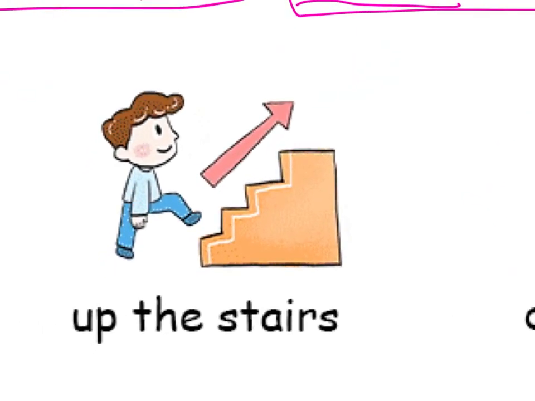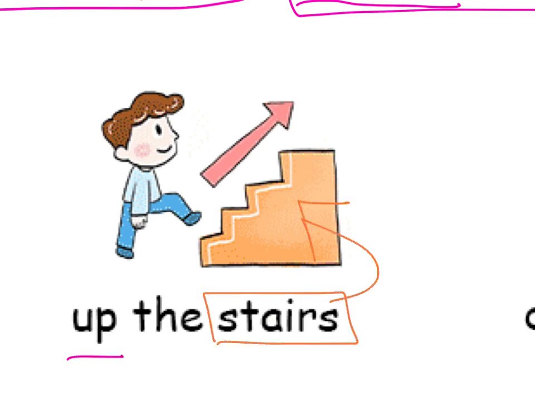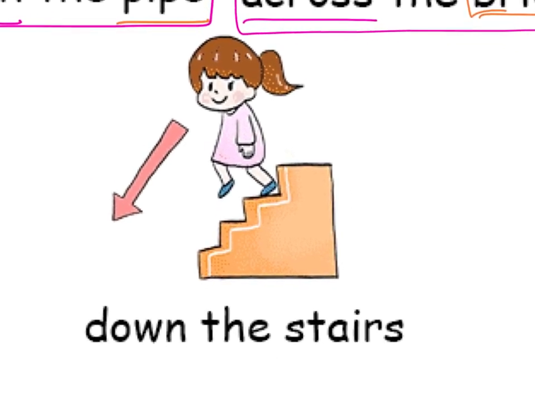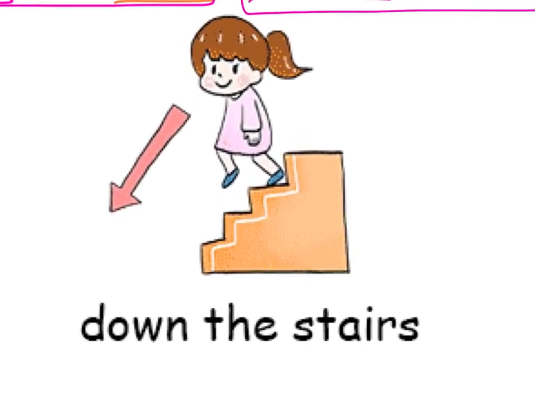Here the boy is going up the stairs. So the preposition is up. The noun at the end is stairs. These are the stairs. And the prepositional phrase is up the stairs. And here the girl is going down the stairs. So the preposition is down. The noun at the end is the stairs.